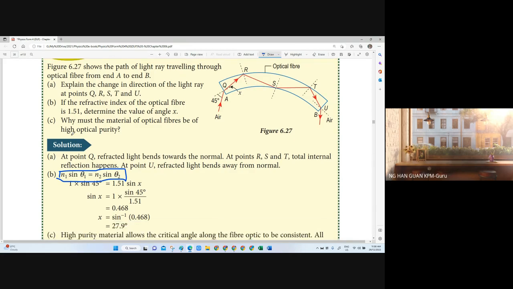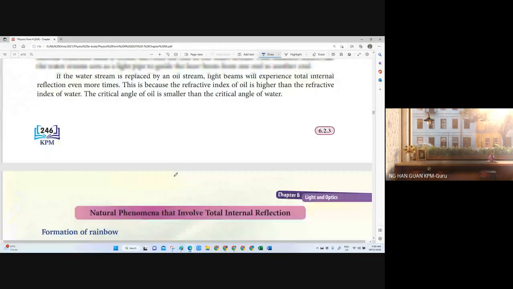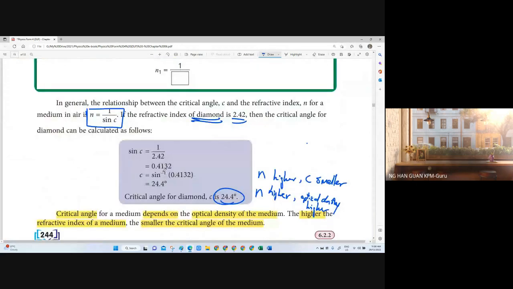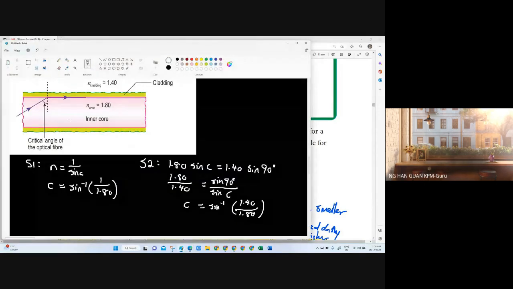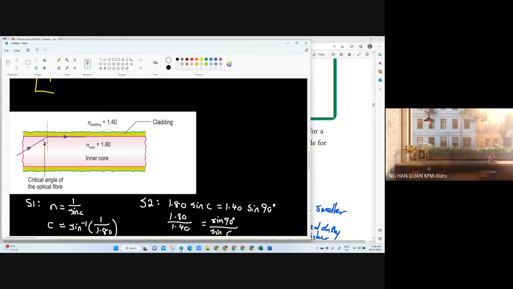So when we refer to the original critical angle formula, we conclude that it can be determined by n equal to 1 over sin c. As long as we know the refractive index, we can straight away use it to determine the critical angle.